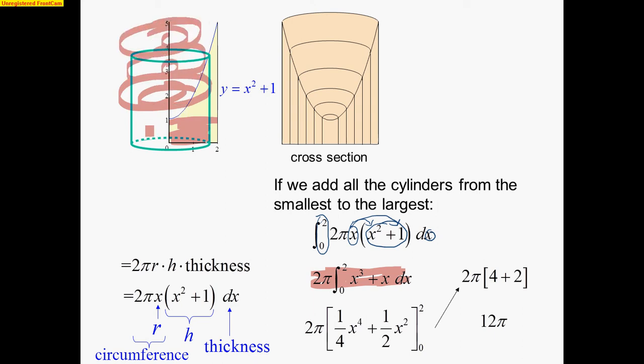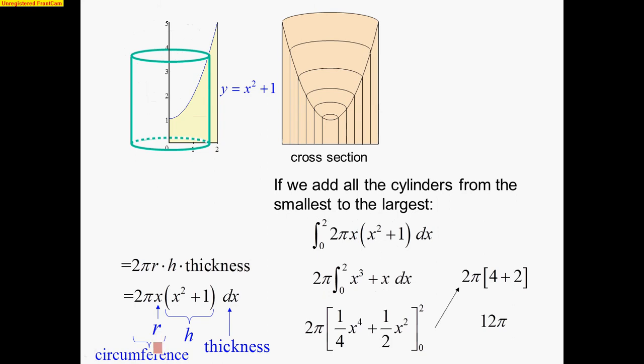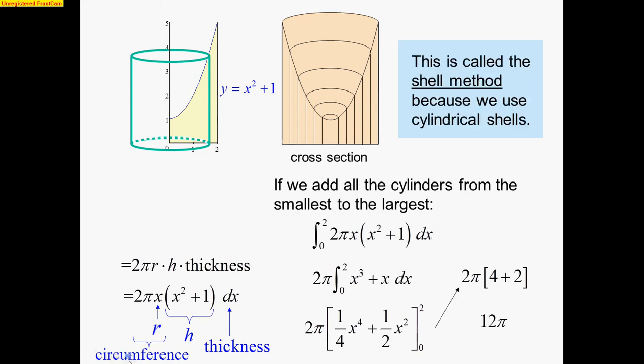That took a bit of doing. Since I made a vertical slice which was parallel to the axis of rotation, if I use shells, I only had this one integral. That is the shell method.